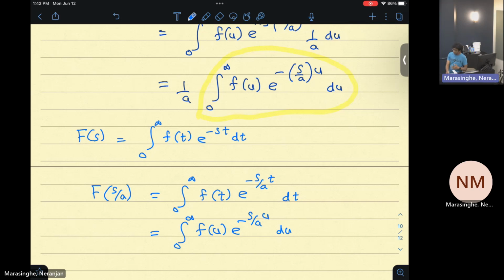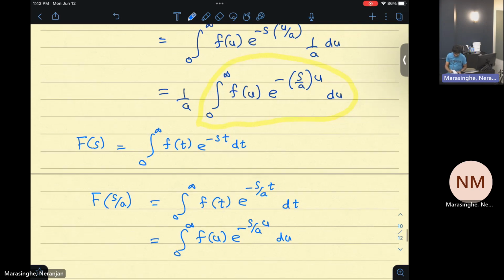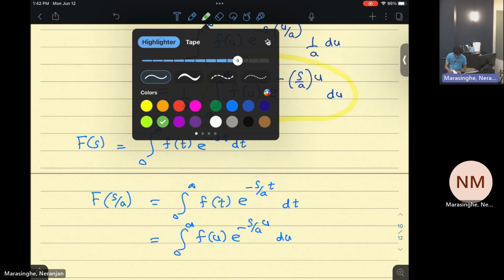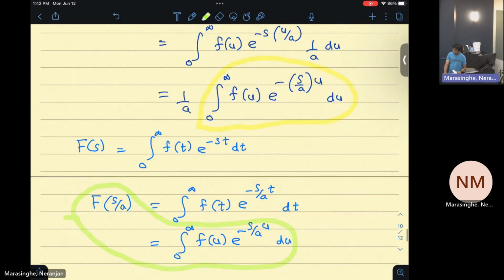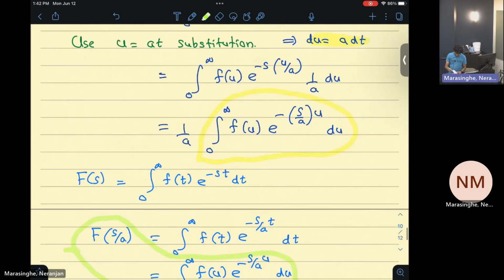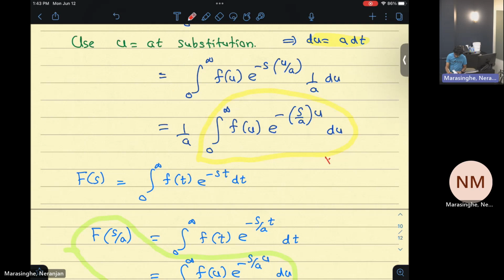Now what can you say about these two functions? This I highlighted in yellow color. I would highlight this one in green color. What can you say about these two functions? They're equal, right? So I can write that this one is equal to F(s divided by a).